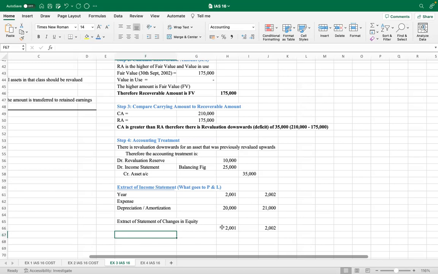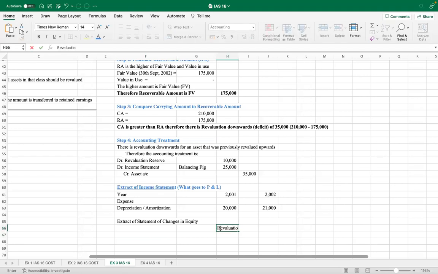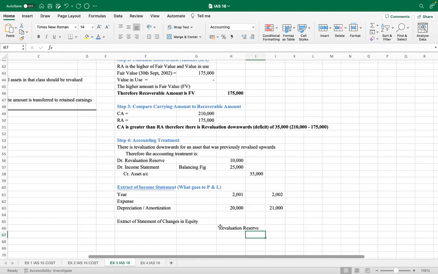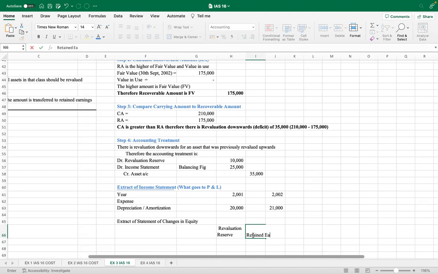Sorry, I think the best way to do, because you know the format of statement of changes in equity, let me have a column for revaluation reserve, and I have another column for retained earnings.